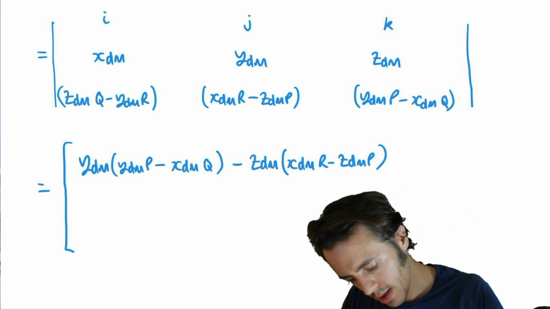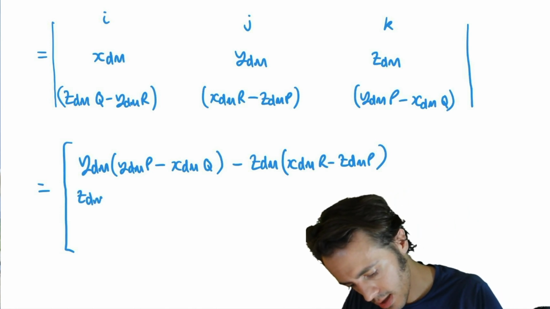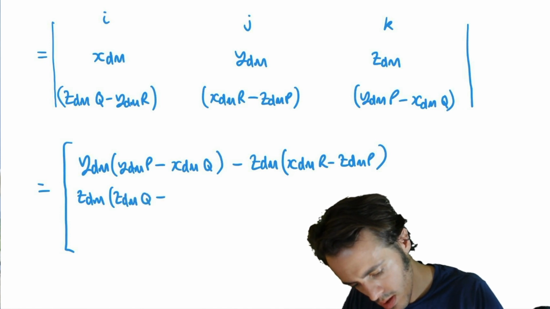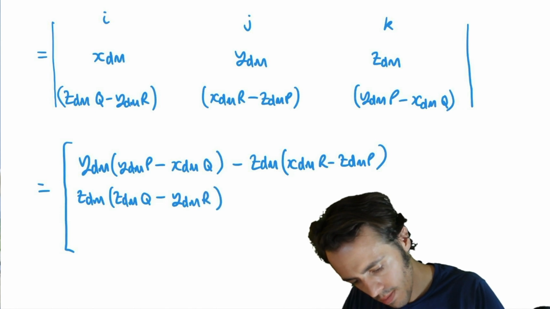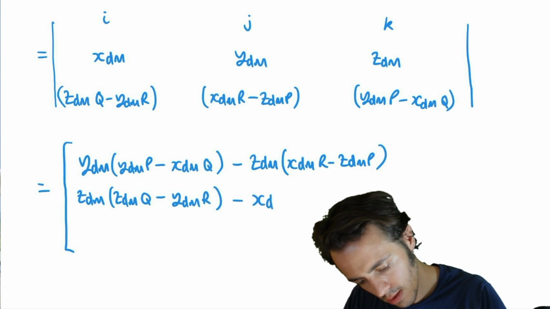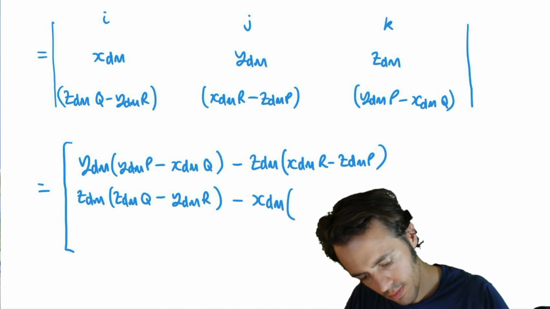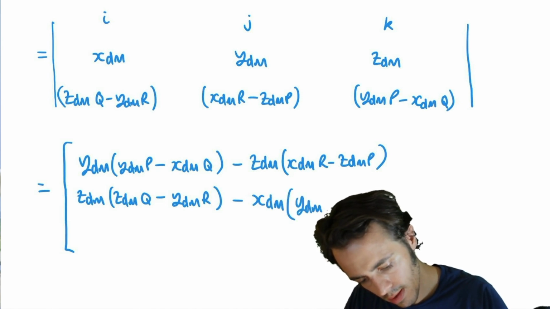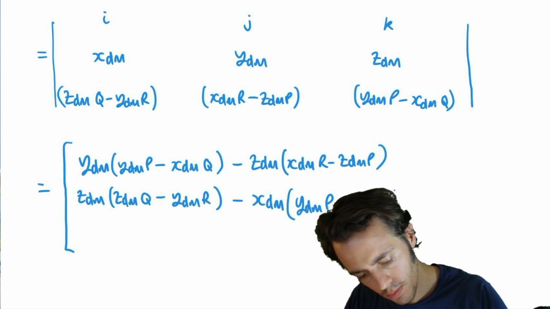So next I'm going to have z dm multiplied by z dm q minus y dm r, minus x dm multiplied by y dm p minus x dm q.